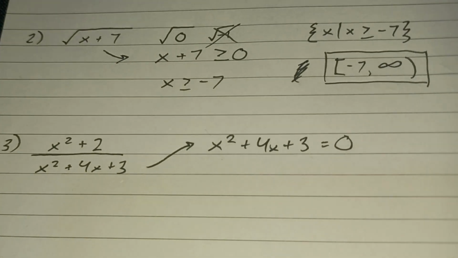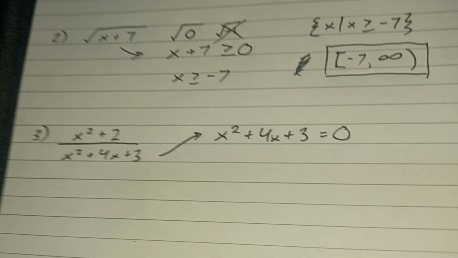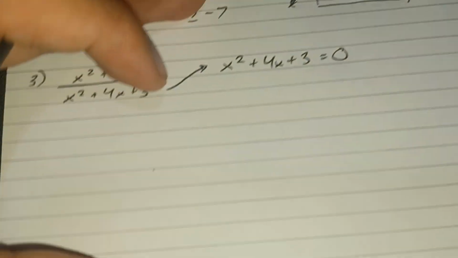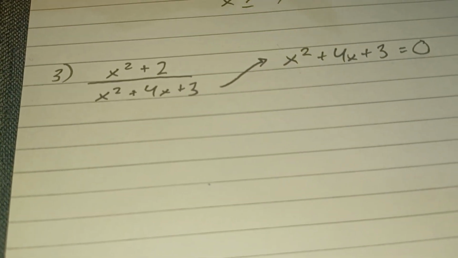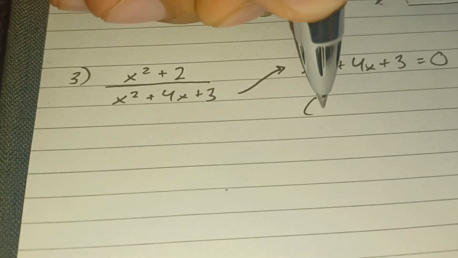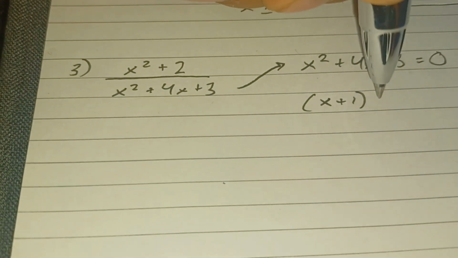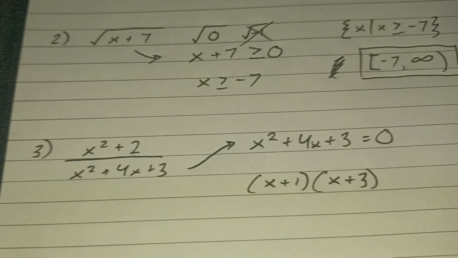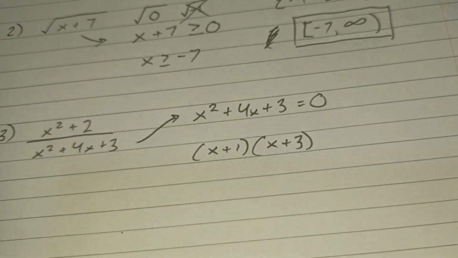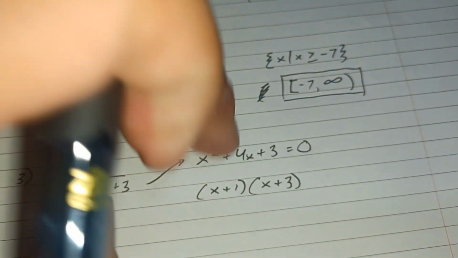I'm not going to go into factoring in this one, but if you fully factor this out, we're going to get x plus 1 times x plus 3, right? Because if you multiply these two terms together, you will get this.